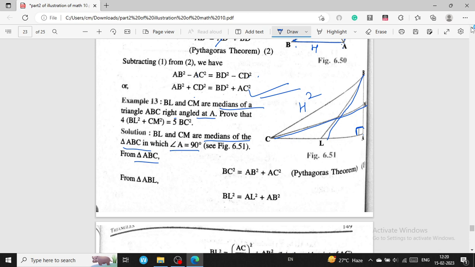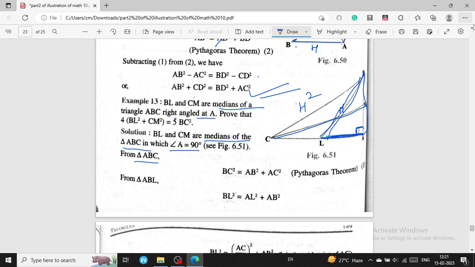Now take the triangle ABL, the right angle triangle. In this triangle BL is the hypotenuse. So hypotenuse BL square is equal to base AL square plus perpendicular AB square.